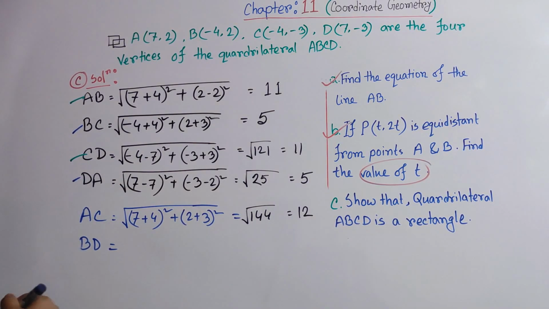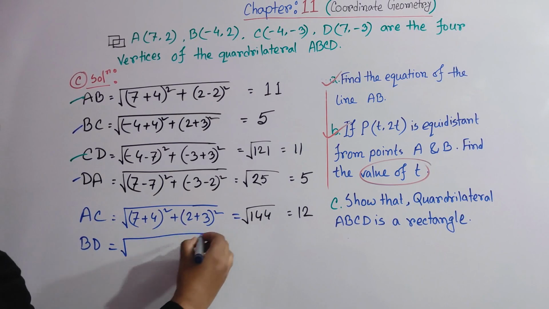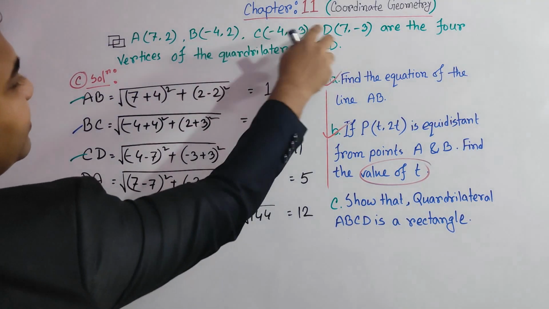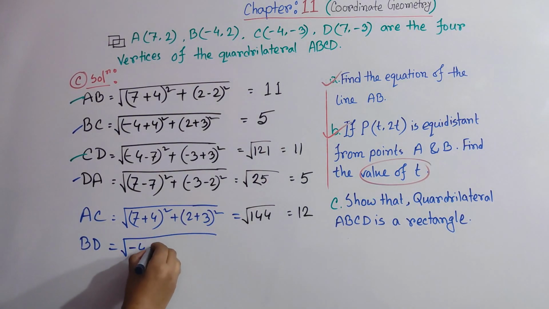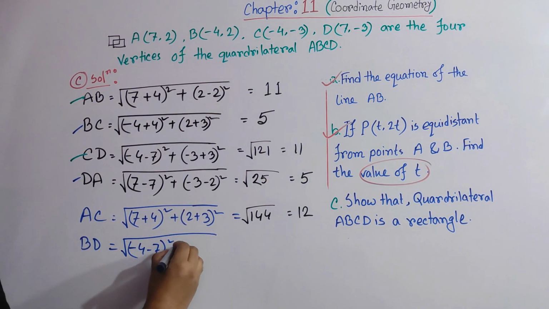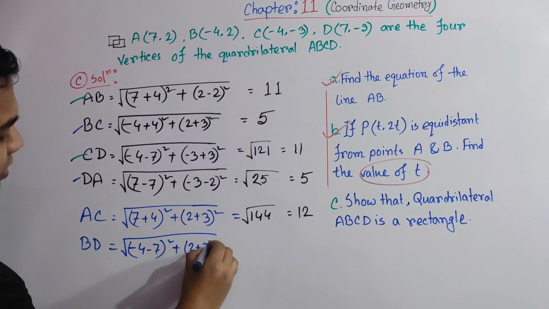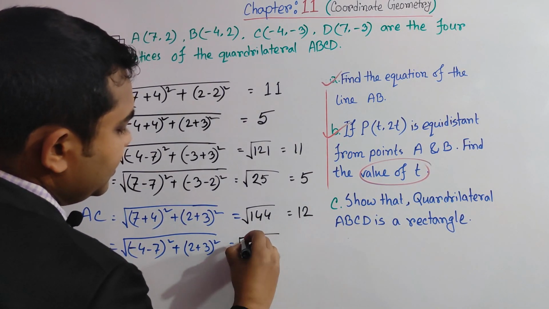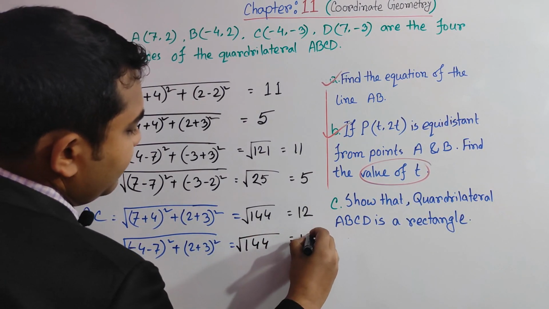Similarly for BD, here is B and here is D, so 7 minus 4 minus 7 whole square plus 2 plus 3 whole square. It is also 7 plus 4, 11 square, so 121 plus 25, it is 144, and we'll get 12.